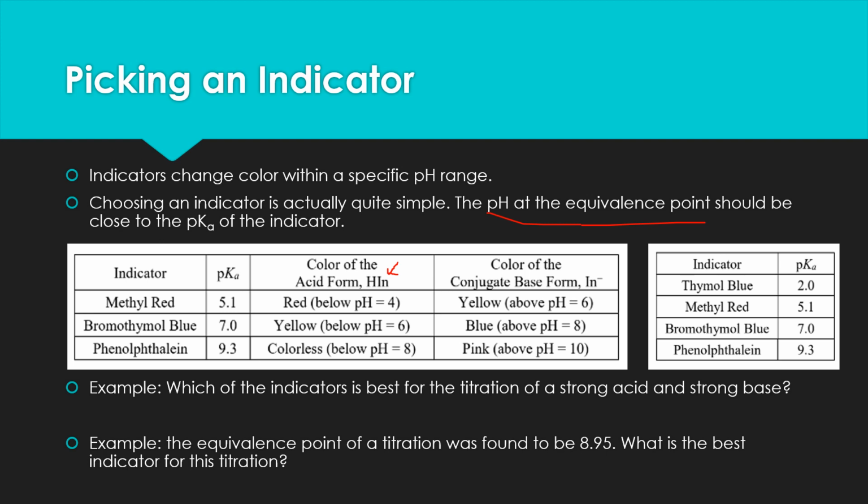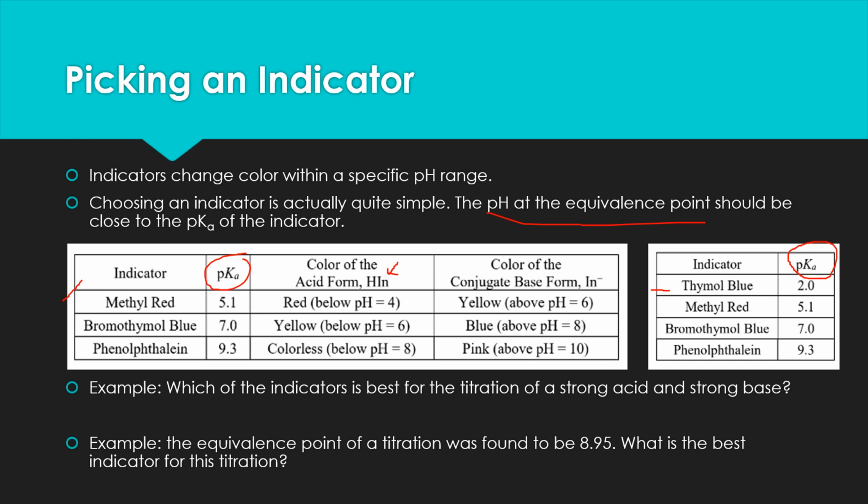So which of the indicators is best for the titration of a strong acid and a strong base? Okay, well, we've got some pKa values given here, and we've got a few more over here. They add in thymol blue, which is different than bromothymol blue.